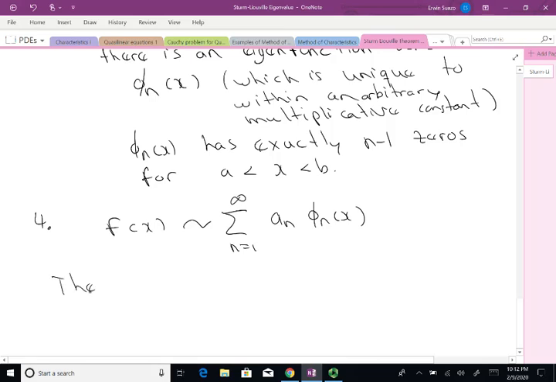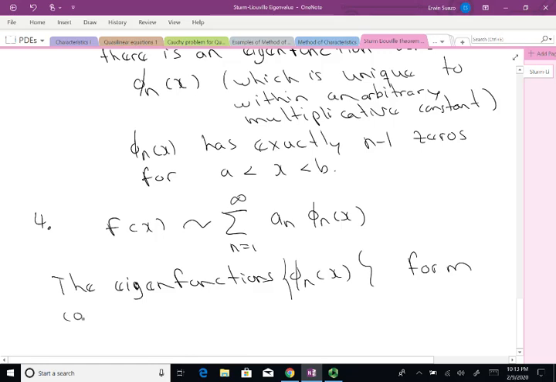The eigenfunctions phi_n of x form a complete set.